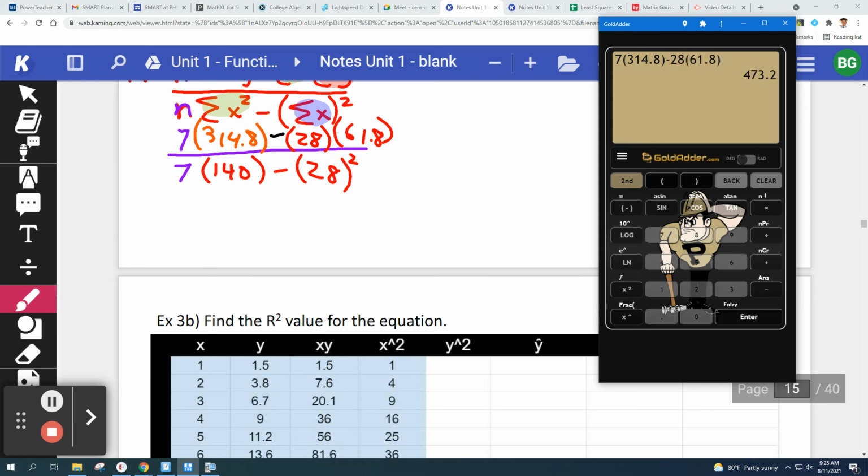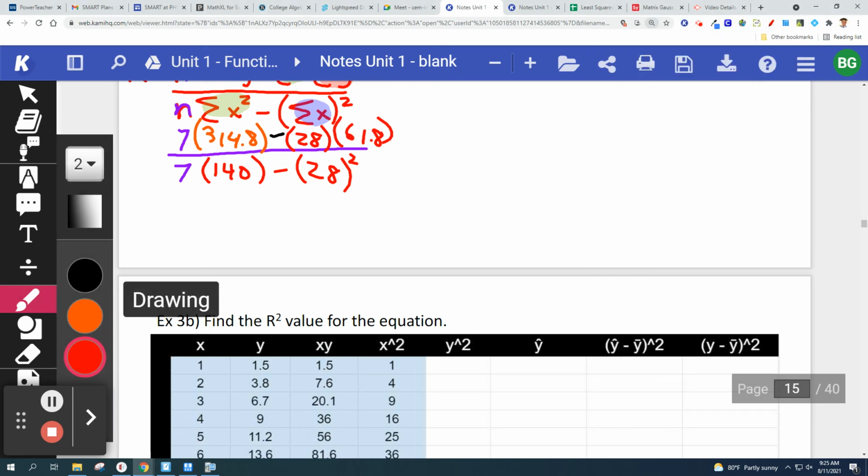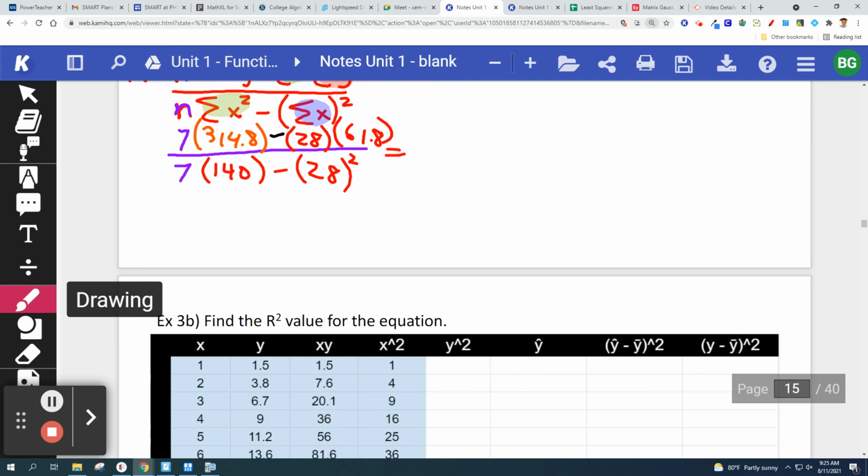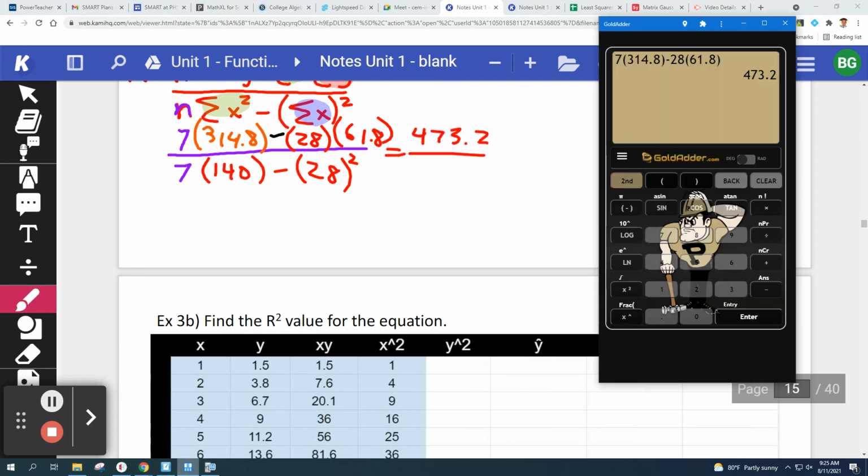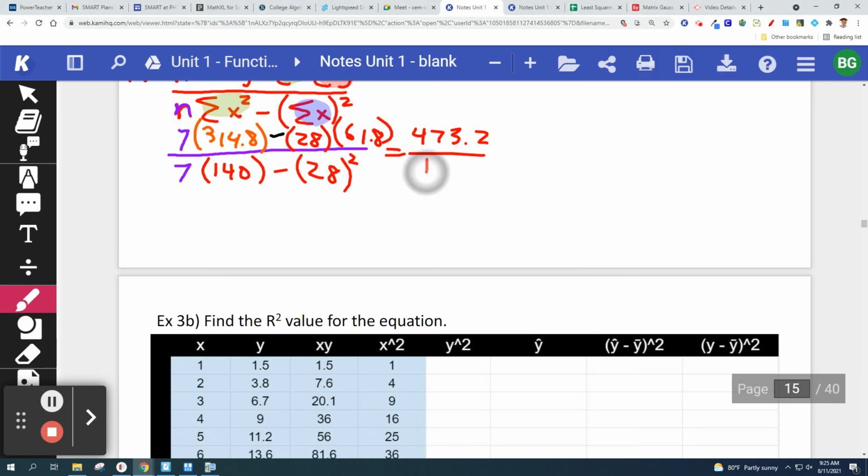And I'm going to do it in parts just because I want to make sure that I'm in good shape. 473.2, that's the top. Now for the bottom, 7 times 140 minus 28 squared, 196. That's the bottom.